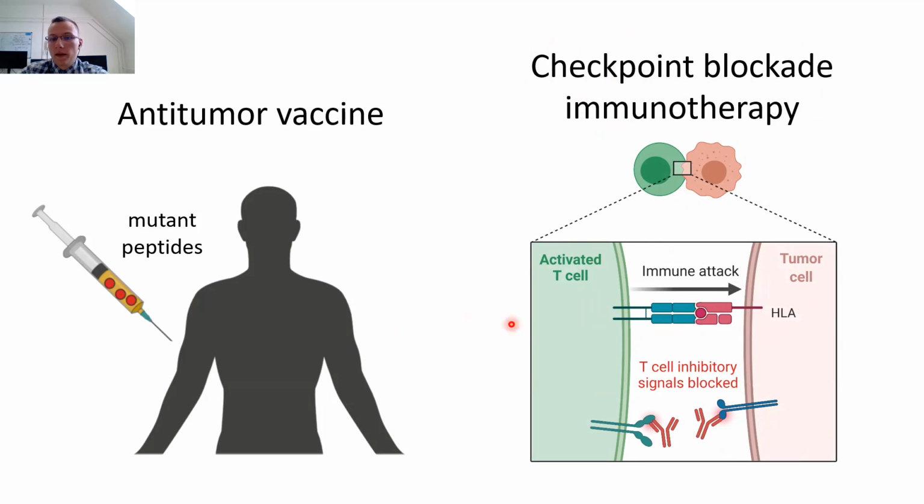As you can see, in both cases, immune recognition is very important because T cells can destroy tumorous cells through the recognition of mutant peptides bound to HLA molecules.